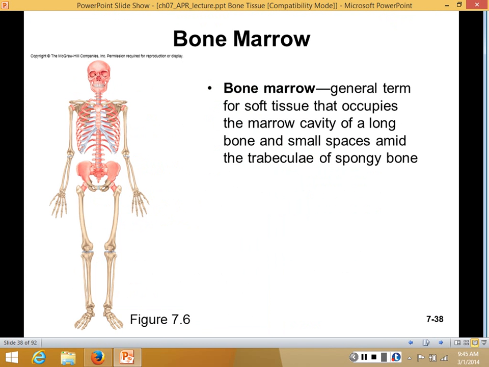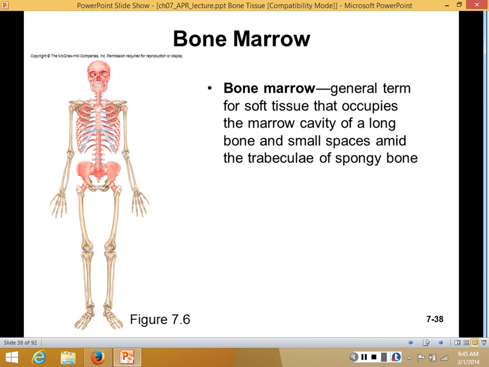Bone marrow. Okay. That skeleton that you see, wherever it's red, that's where your red bone marrow is. Okay? You've got your skull, the vertebrae, your ribs, your sternum, the hip bones or the pelvis. And look, then you've got the head and the neck of what?